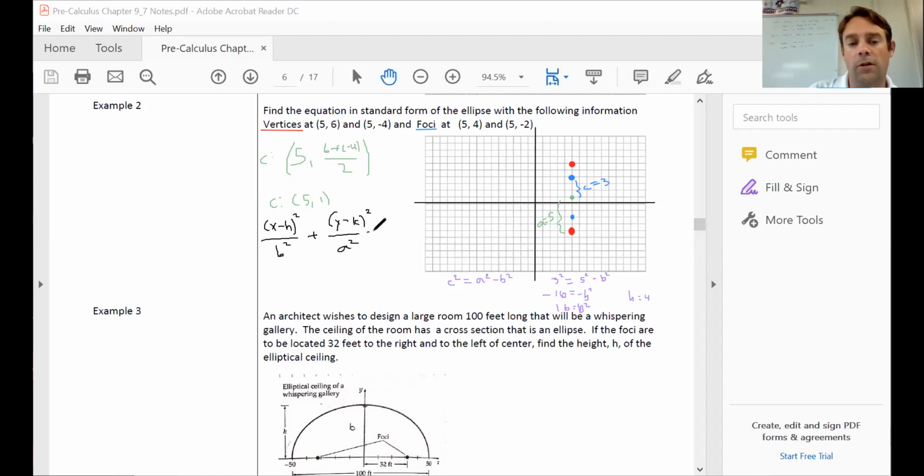And we are trying to now plug everything in here. So if I know my center is 5, 1, I can plug that in here. So x minus 5.